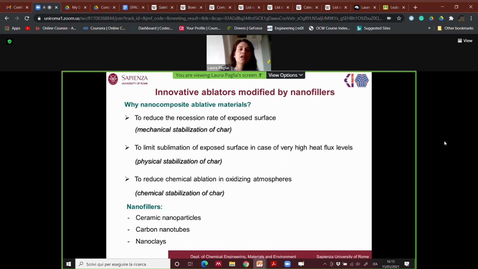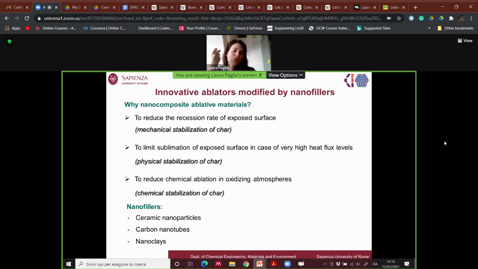So, one innovation that can be possible for this kind of carbon phenolic ablative material is to introduce some nanofillers inside of them. Nanofillers are very interesting for ablative materials because I can introduce a very small amount of nanofiller and I can have some good results.